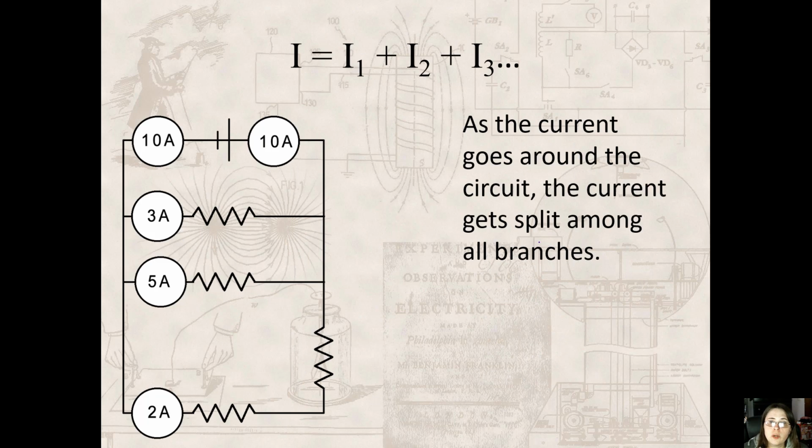Okay, so for a parallel circuit, the current that goes in is equal to the current from one loop plus the current at another loop plus the current at another. So this would be the total current.